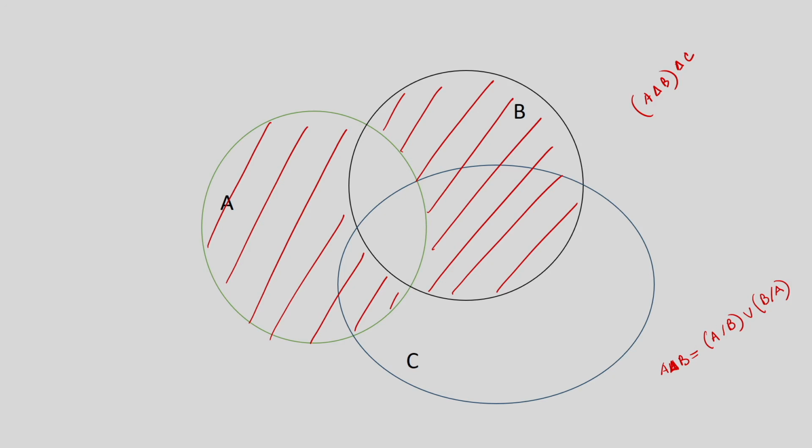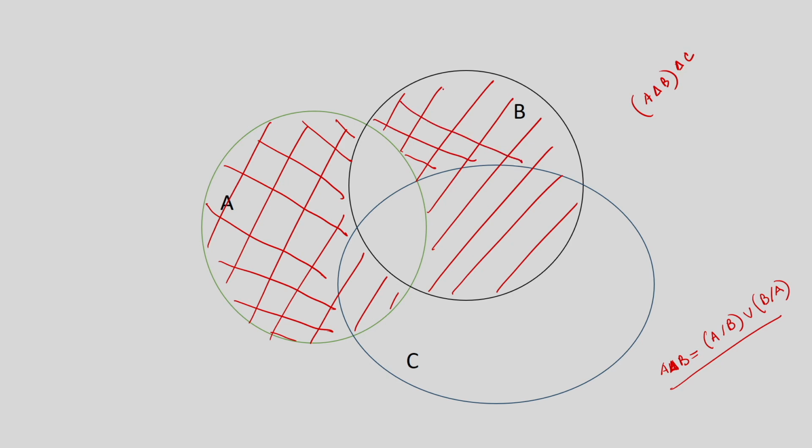Now, delta C. Now, how do I understand A delta B delta C? This region, this shaded region, with that I have to do the delta C. So, if I use the definition here, it will be this red shaded region minus C. So, if I take out the elements which are there in C from this red region, then what am I left with? I am left with this region, right.